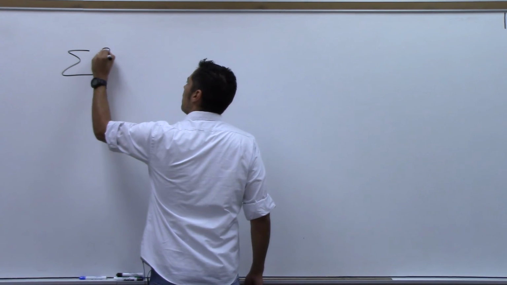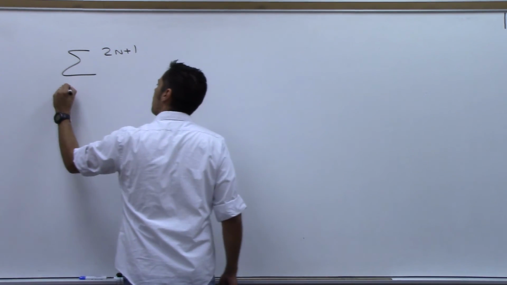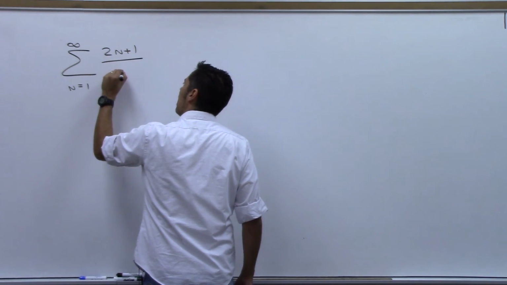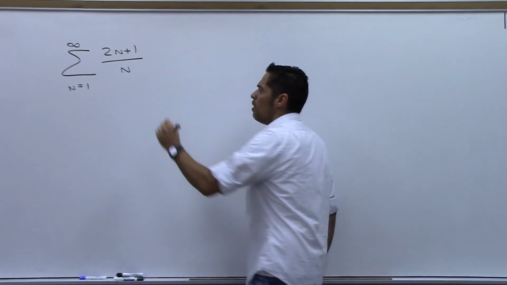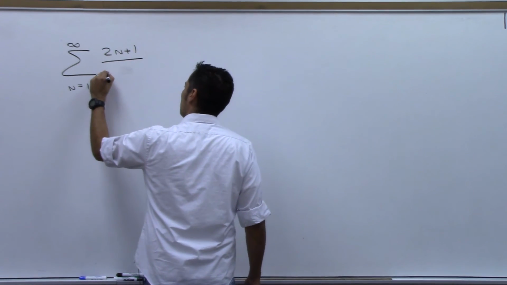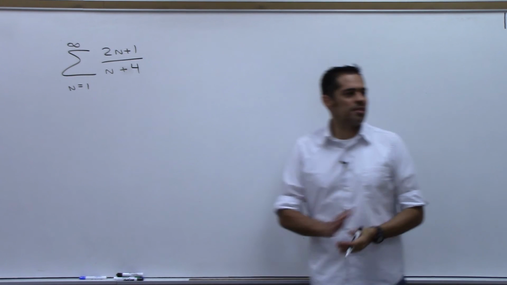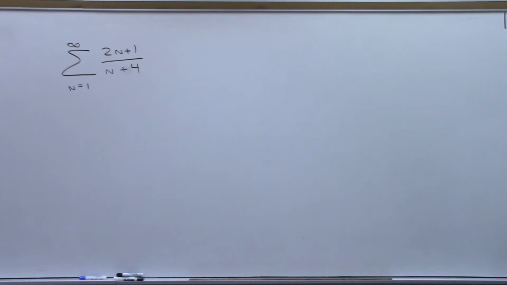Okay, so look at this one right here. Here's the reason why we like this test, because you may be like, what the hell's the use of the test, right? Because if it works out for us that the limit is not 0, you're done.